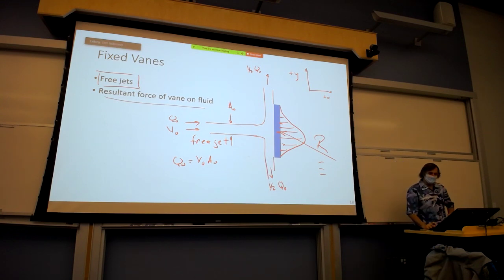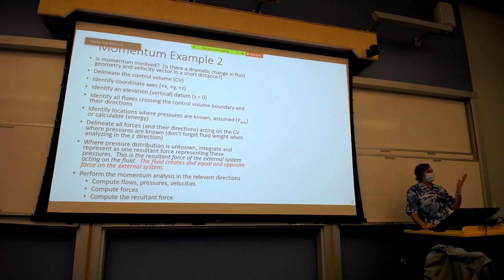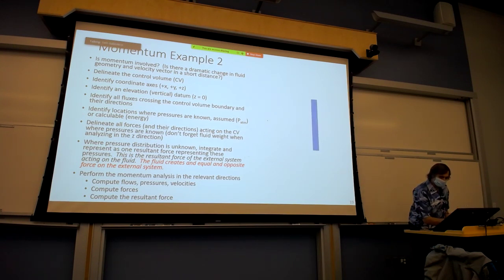All right, so we're going to see the same thing. And I'm just going to redraw it for you. And we follow this all the time. We're following this procedure. So the first thing is to draw the control volume.